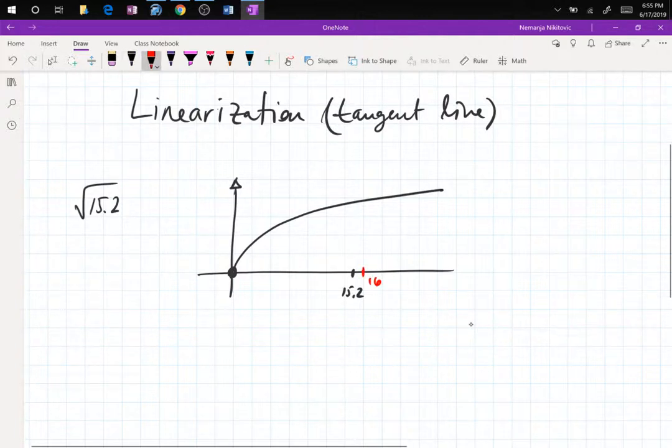and you will calculate the tangent line at x equals 16. Now what's that going to do to our picture? It's going to come up with this point there, and you will draw the tangent line there, and then when you come up with your 15.2, look at this.